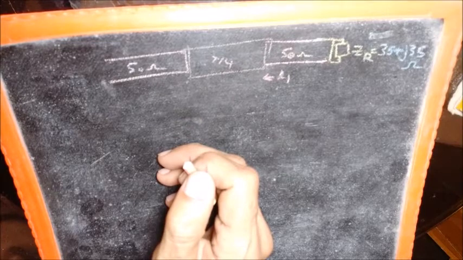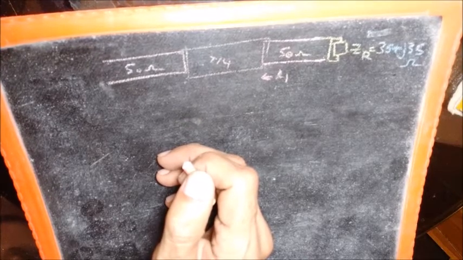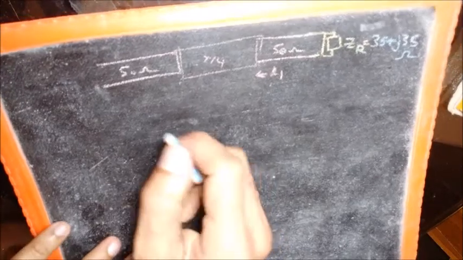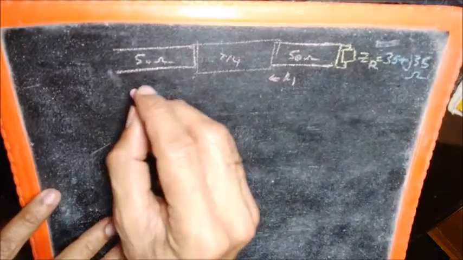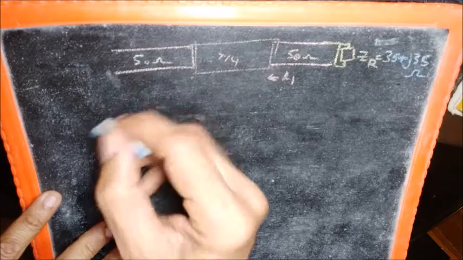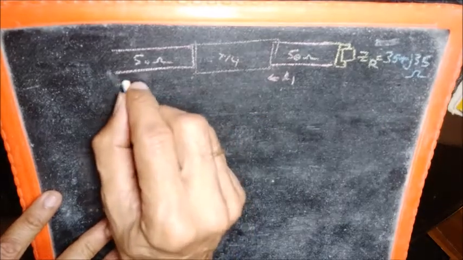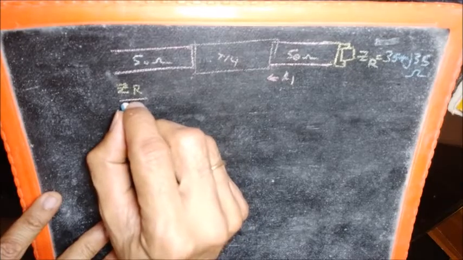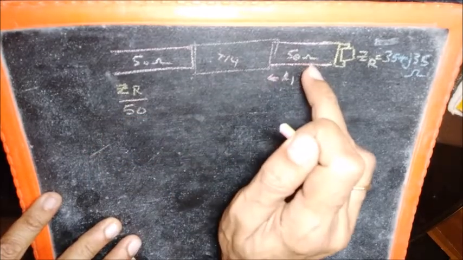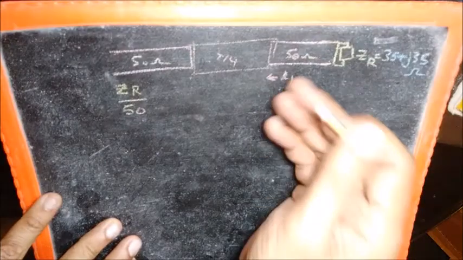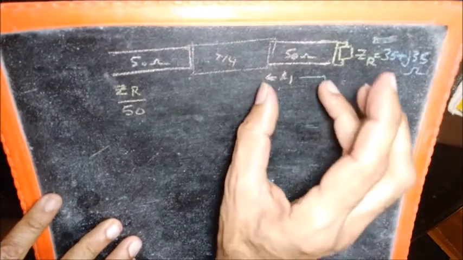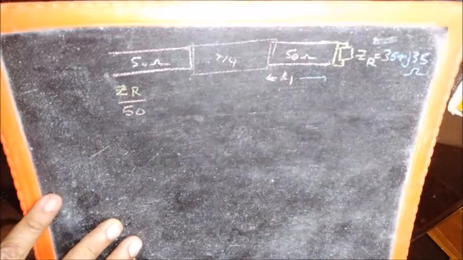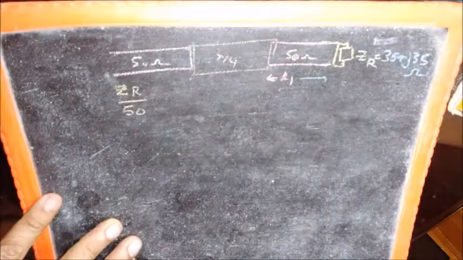First thing is we normalize the load impedance, so we do ZR by R naught, where R naught is 50 ohms. Our first attempt is to find L1 and then the corresponding input impedance, so that the input impedance is purely real.